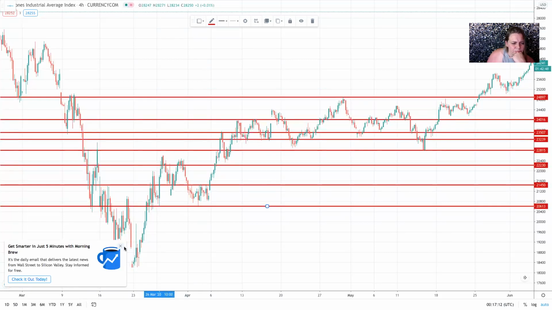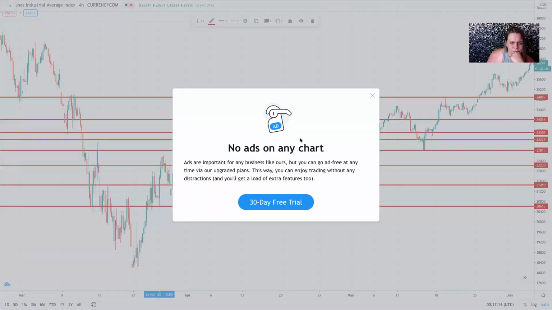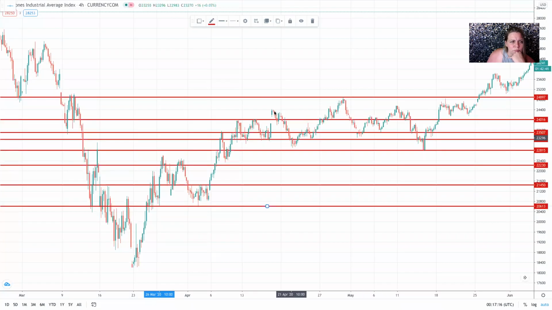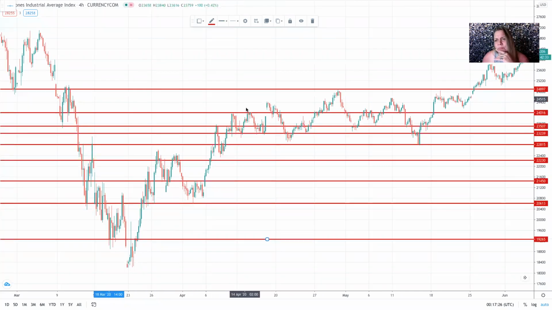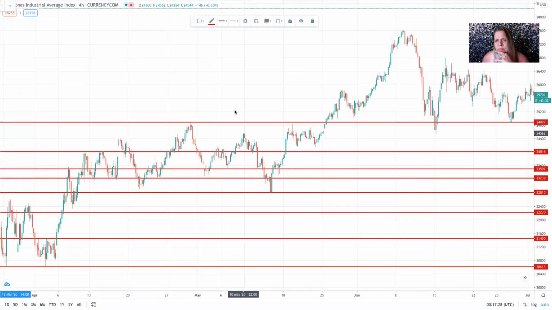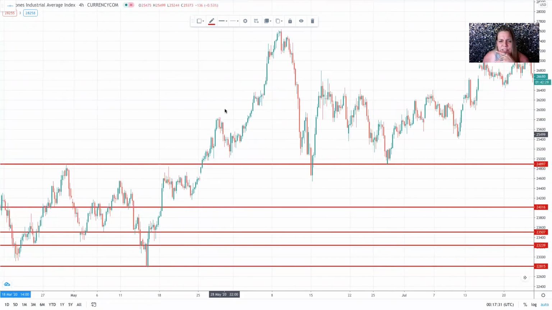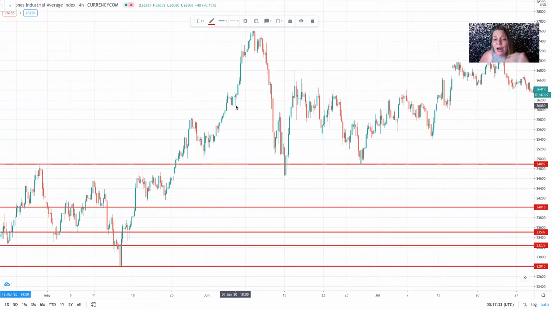Get rid of this. And it seems like this area right here, something was pretty significant. You could do this all day long, and until you get in here and practice these support and resistance lines.